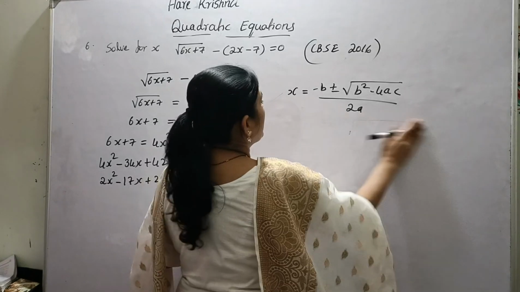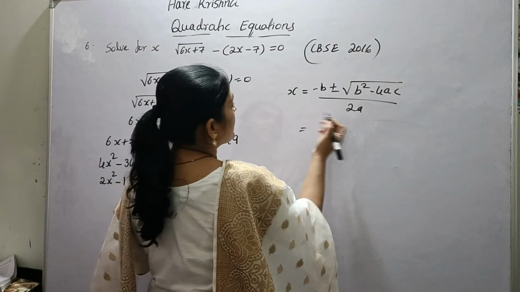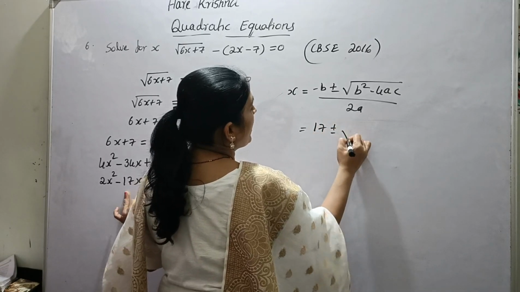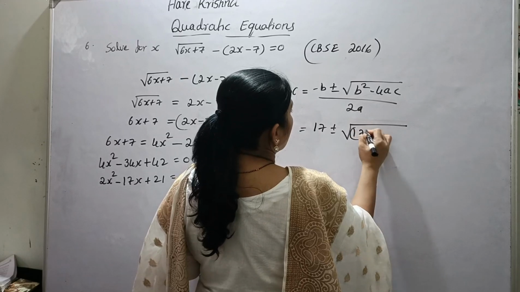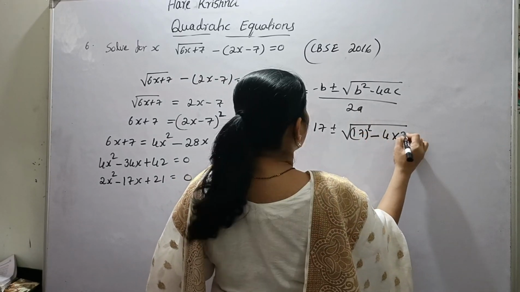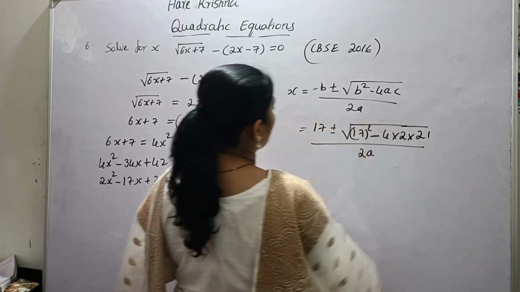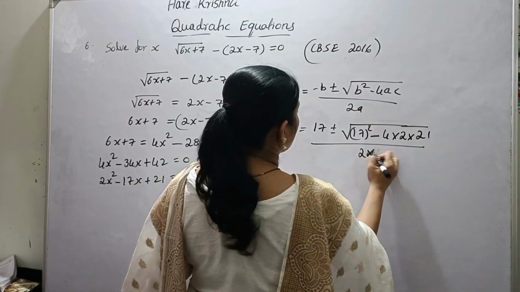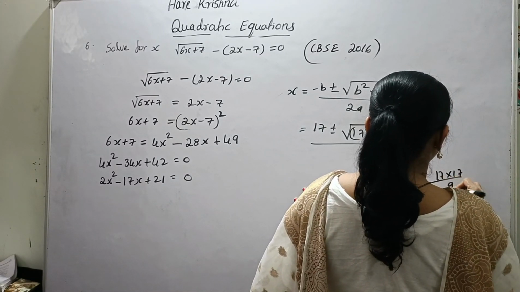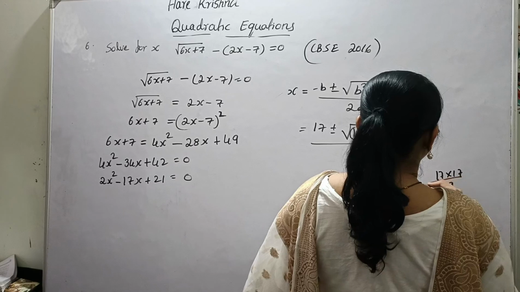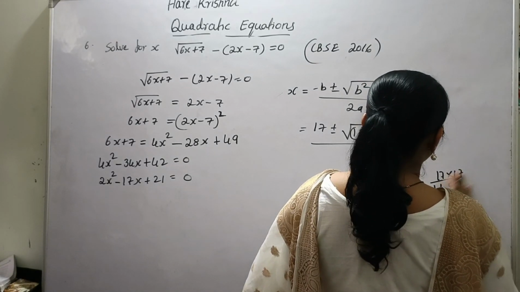Okay. So here what is b? Minus 17, therefore it will be minus of minus 17 plus or minus root of b square, that is 17 square, minus 4 into 2 into c, 21, divided by 2 into a. What is a? A is 2, 2 into 2. Okay. What is 17 square? 289.